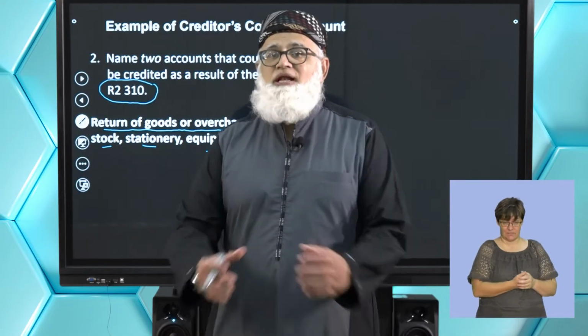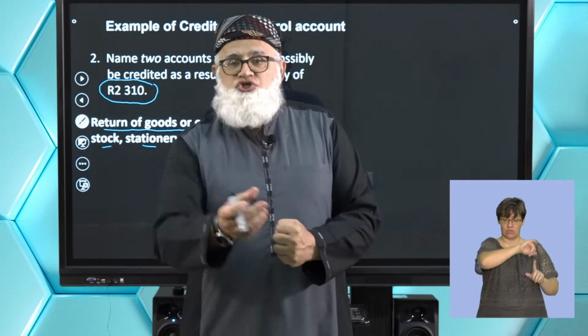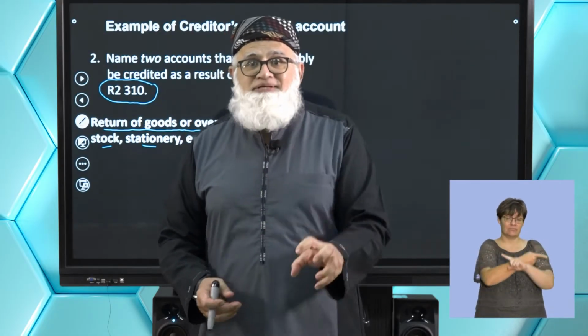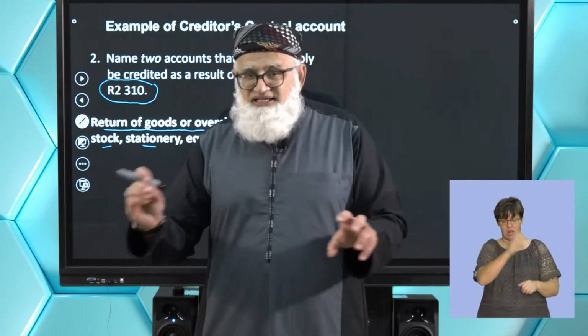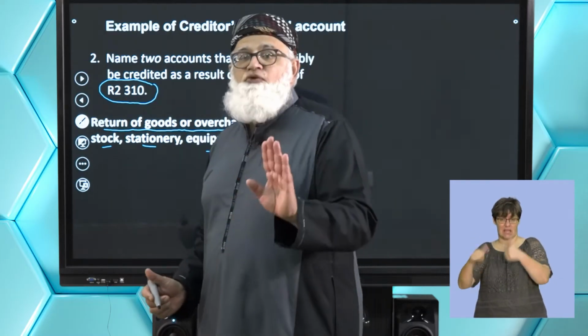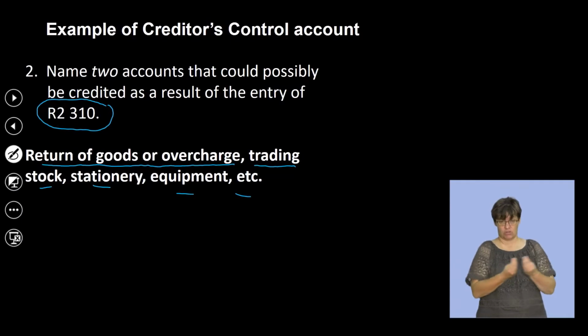So clearly understand that from your creditors allowances journal, what's your contra entry? You debit your creditors control and you credit the respective account. For example, if we had returned trading stock, then clearly you can see here, I want to isolate this entry for you.